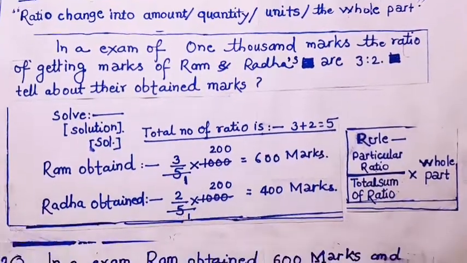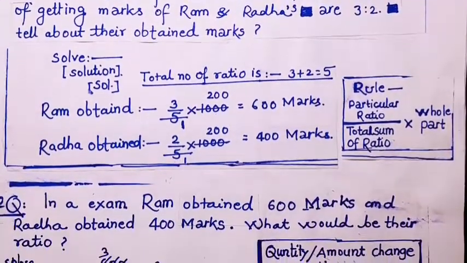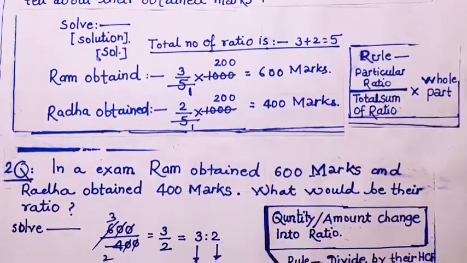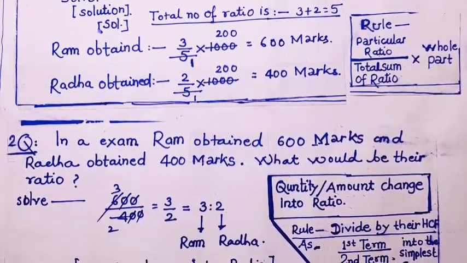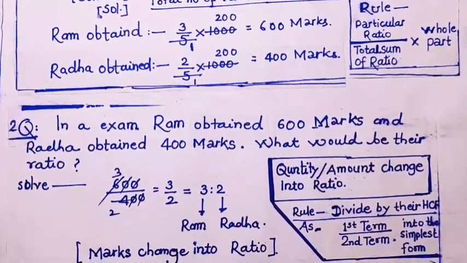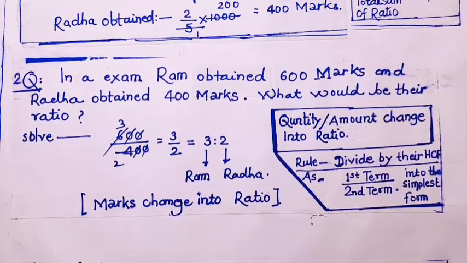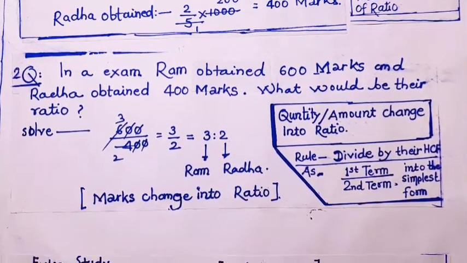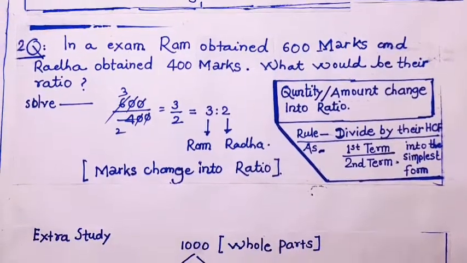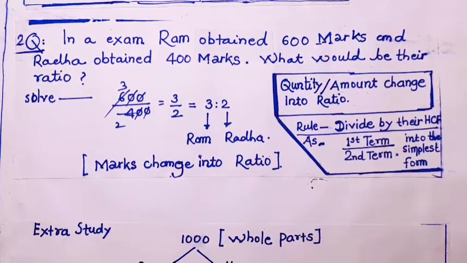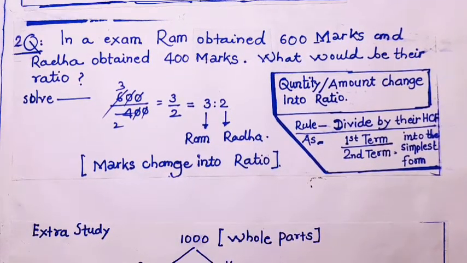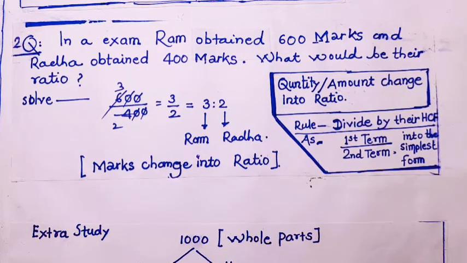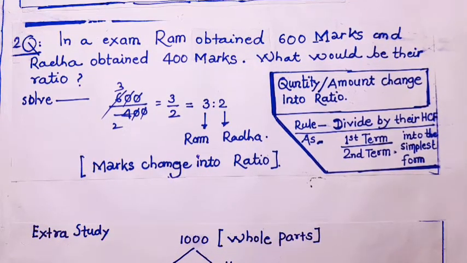And now we have to see number 2. The question is written: in an exam Ram obtained 600 marks and Radha obtained 400 marks. What would be their ratio?